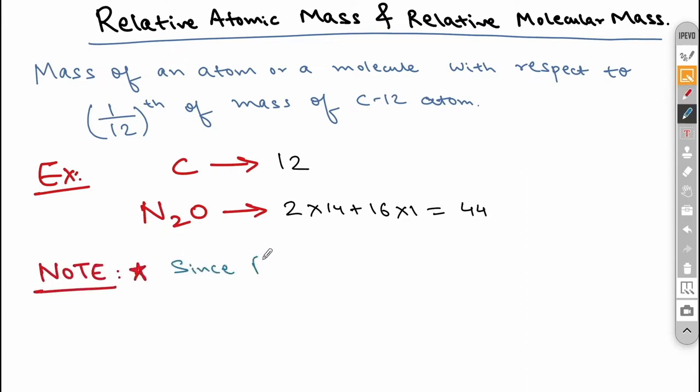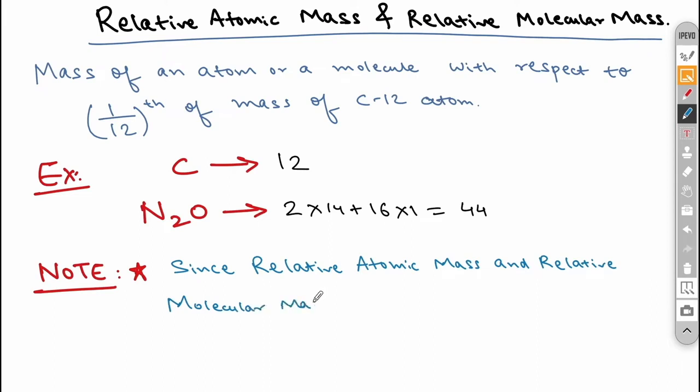Also, we'll write a note here that relative atomic mass and relative molecular mass are relative terms. Why are they relative? Because in the definition itself we can see we use the words "with respect to", right?